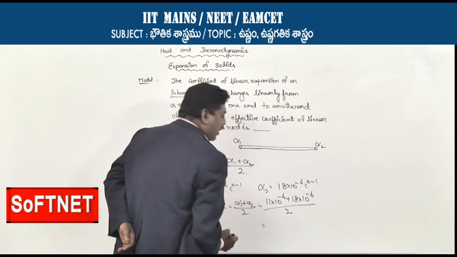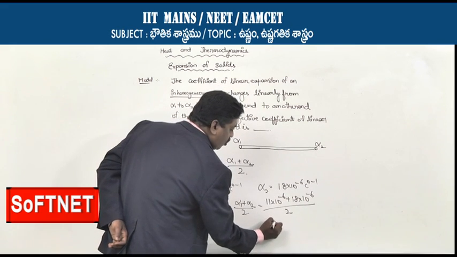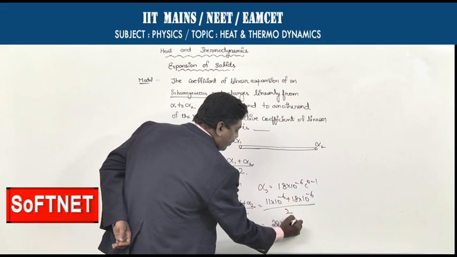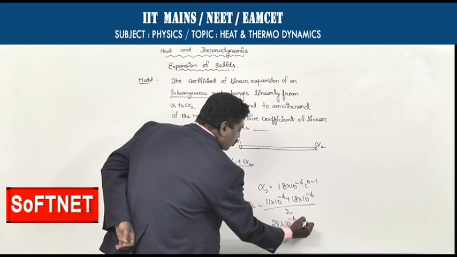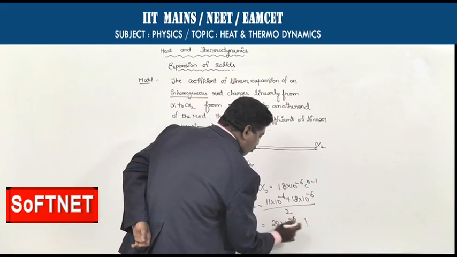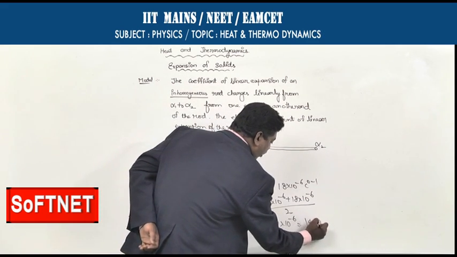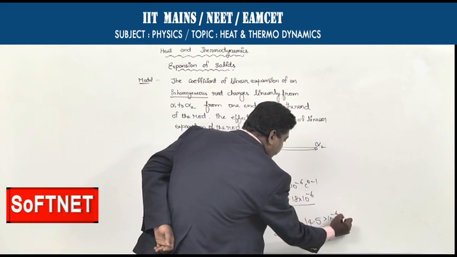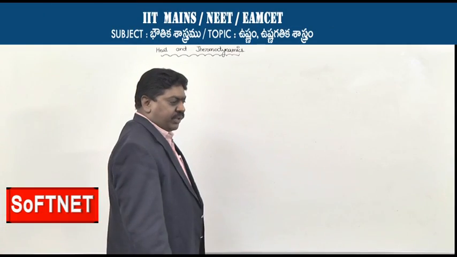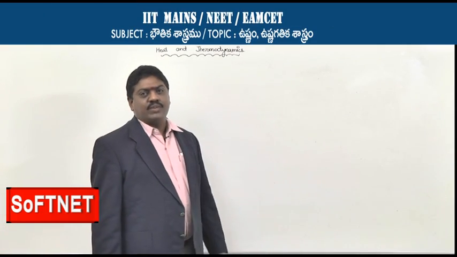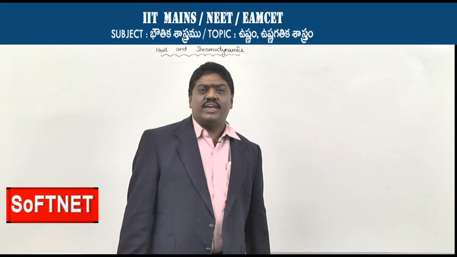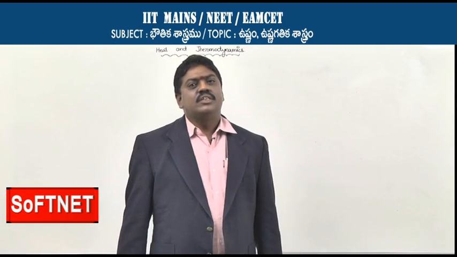So that is nothing but 29 into 10 to the power of minus 6 by 2. So we are having 2 ones 2 and 2 fours 8, 14.5 into 10 to the power of minus 6 per degree Celsius. With the previous model, we have completed maximum number of models regarding the expansion of solids.